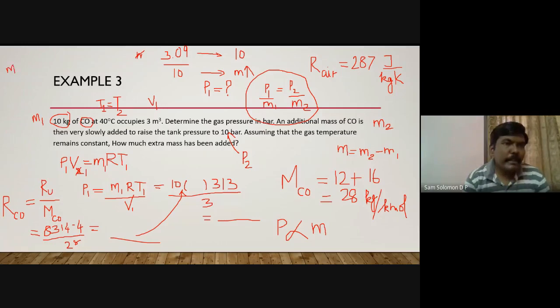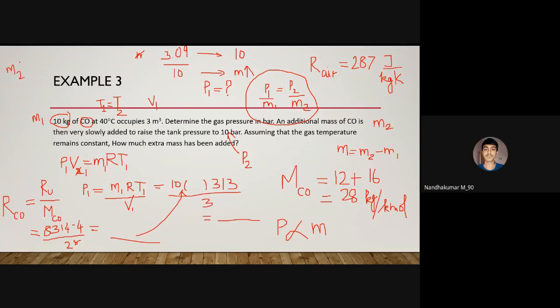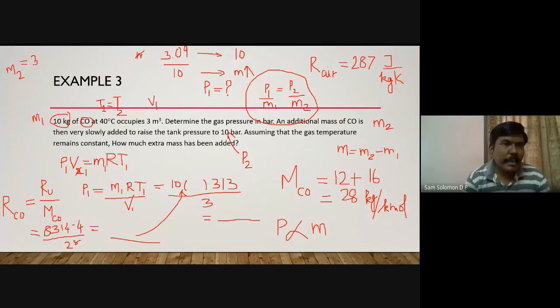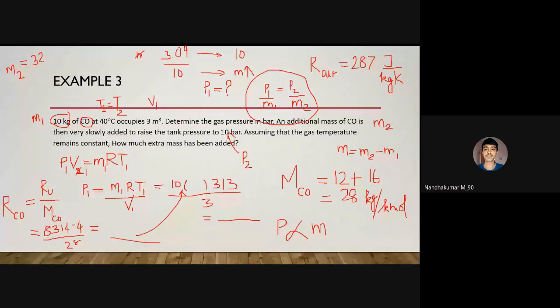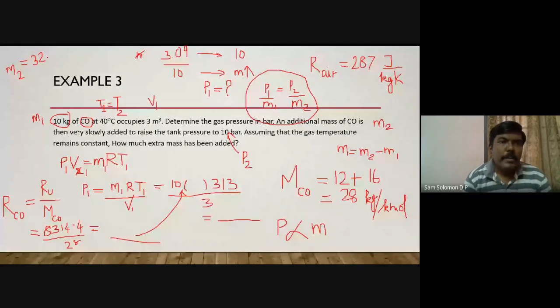Can you please repeat it? M2 is 32.36 kilogram. Okay, good. The value that you get is 32.36 kilogram.